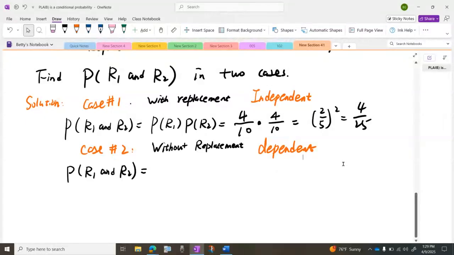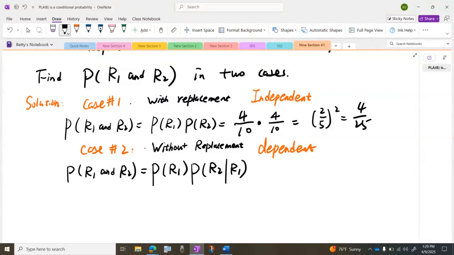All right, so let's see how we find the probability when R1 and R2 are dependent. This is new for today. R1 occurs first. Then when we draw R2, the second marble, that's under the condition that the first marble is red. So this is P of R1 times P of R2 given R1.